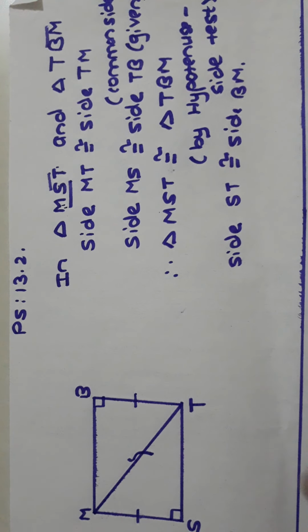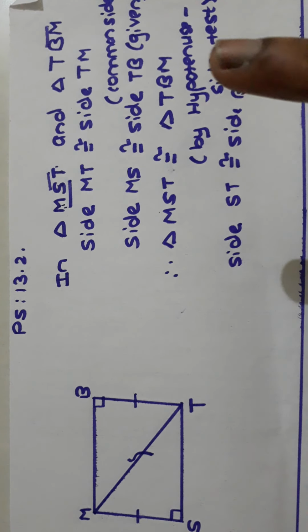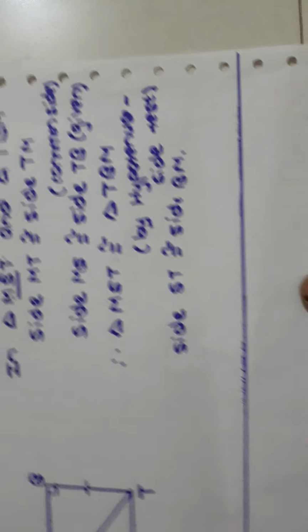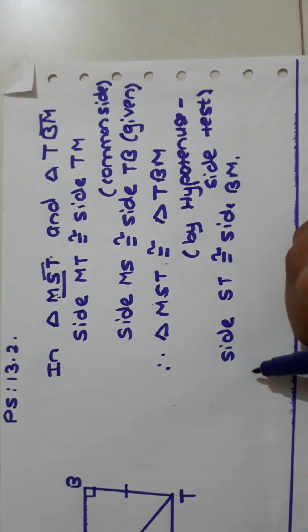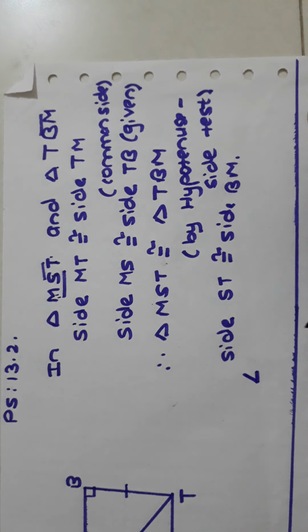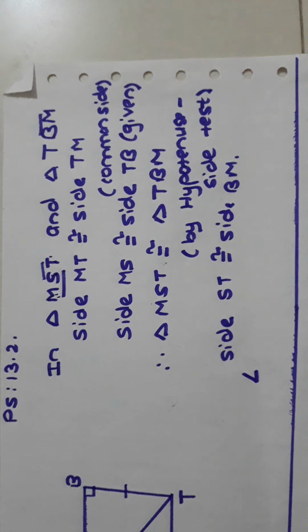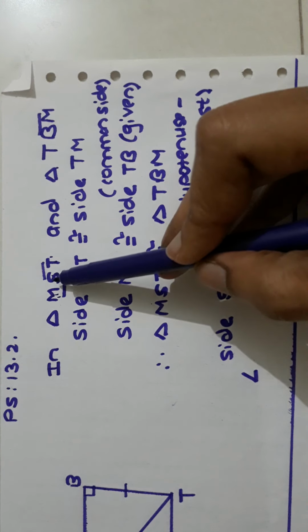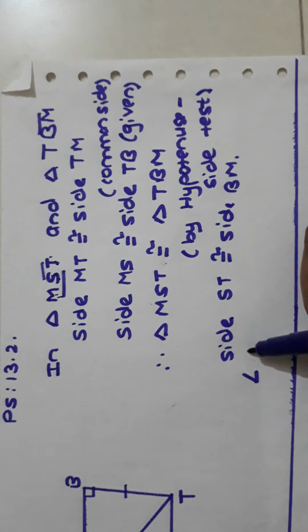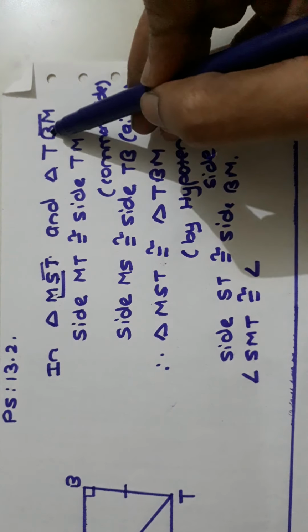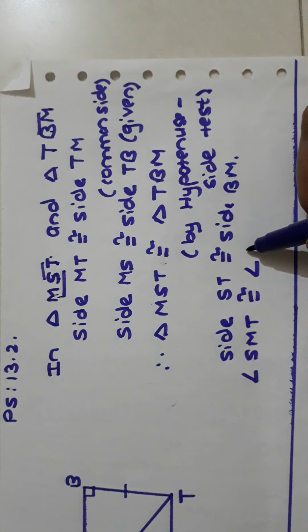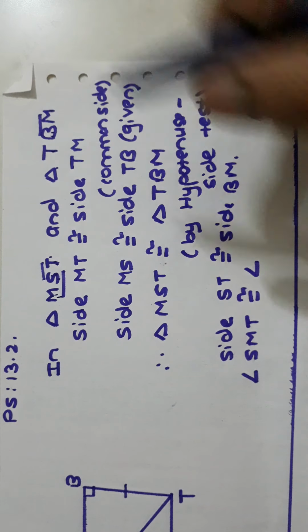And we are left with all the three angles. We have not taken the angles to show that both the triangles are congruent. So for the remaining part, we have to write down all the angles. So I'll start with angle M. SMT congruent to TBM. Sorry, BTM.